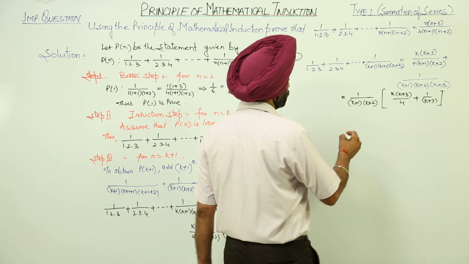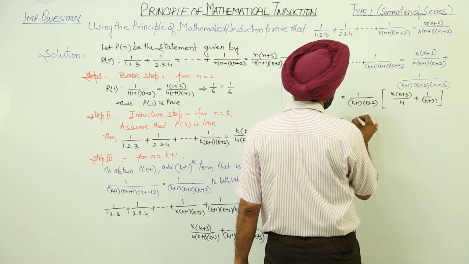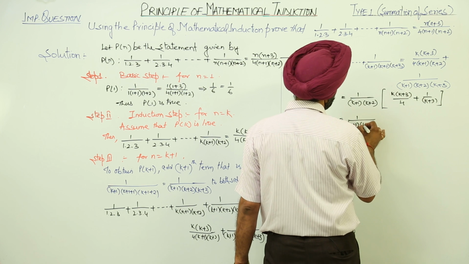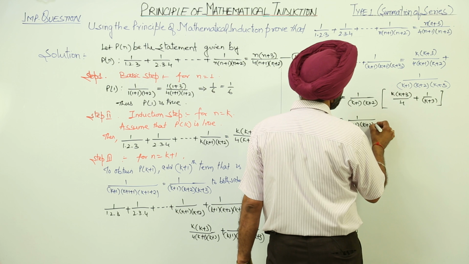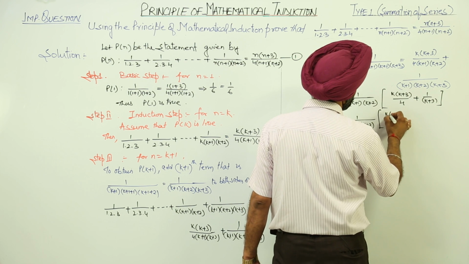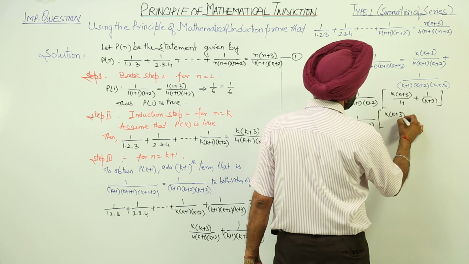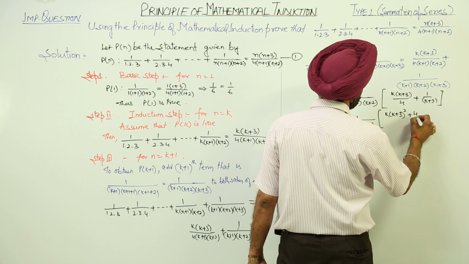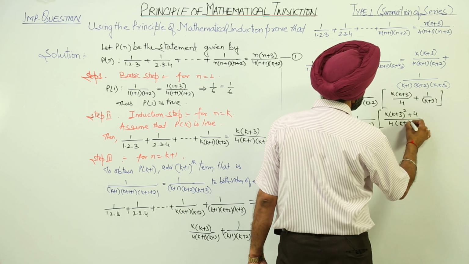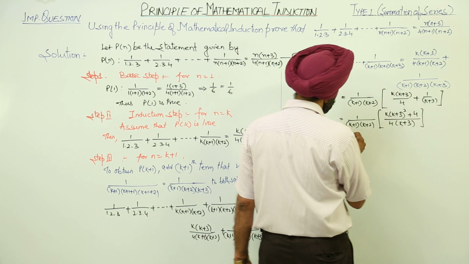Okay. Now, this becomes 1 upon k plus 1, k plus 2 with k times k plus 3 whole square plus 4 upon 4 with k plus 3 after taking the LCM.